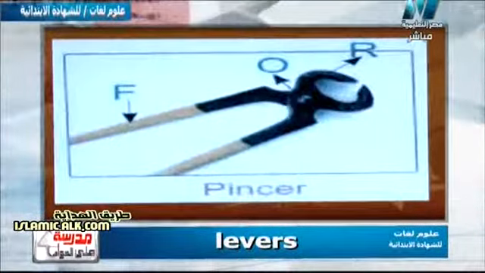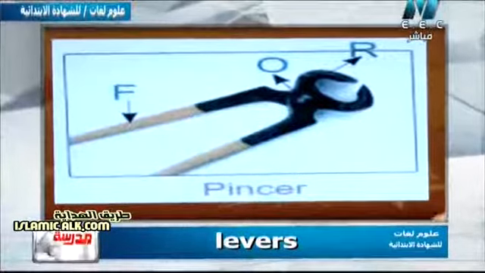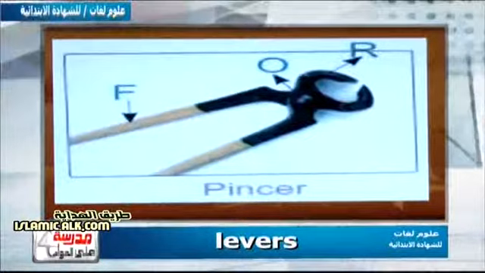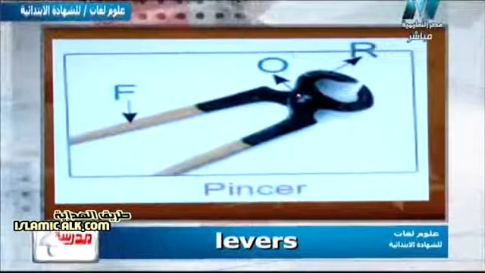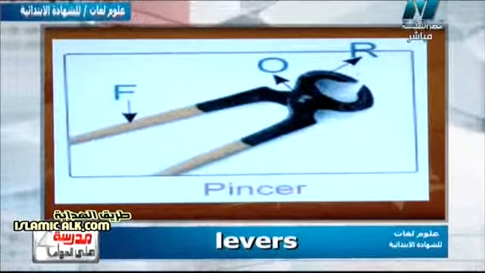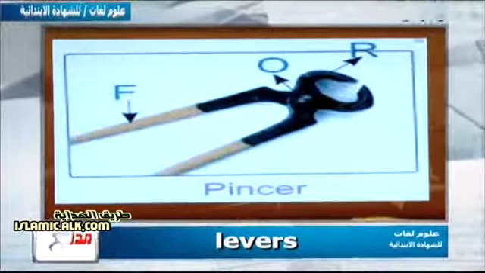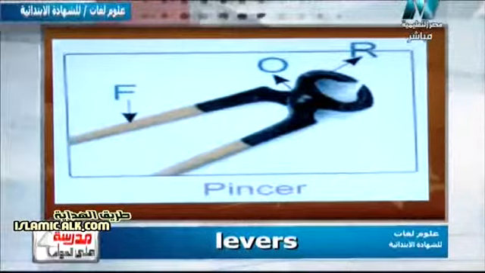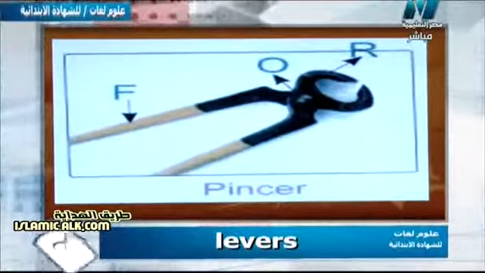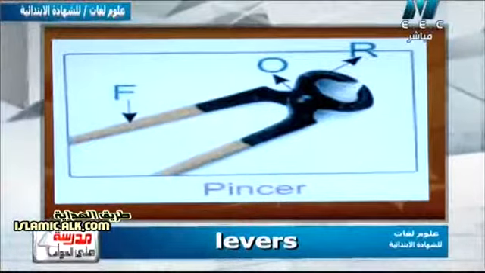Okay. The pincers الكماشة كنا عارفين شكلها كويس قوي. Here I have the effort force at the place of my hand here, effort force, and here I have the fulcrum هنا مكان الفulcrum, and here I have the resistance. So surely I have pincer from the first class lever. ليه هي البنسر بعتبرها من first class lever؟ عشان عندها ال O between R and F. ال O أو الفulcrum ما بين ال resistance force وال effort force.